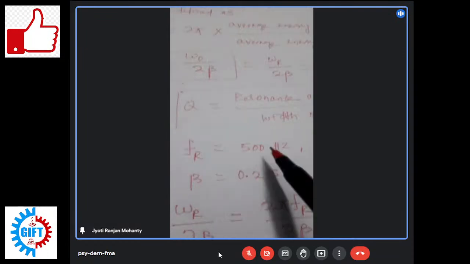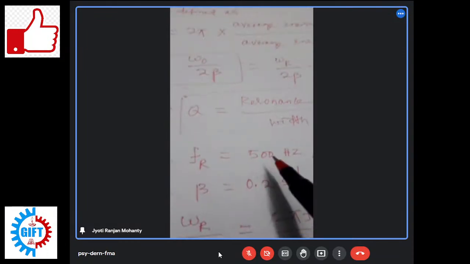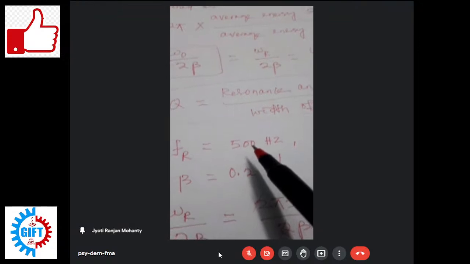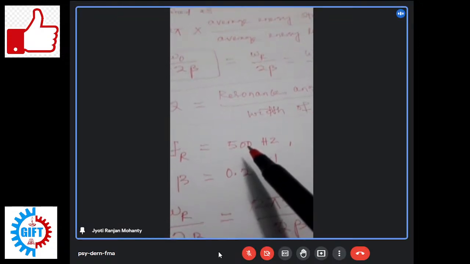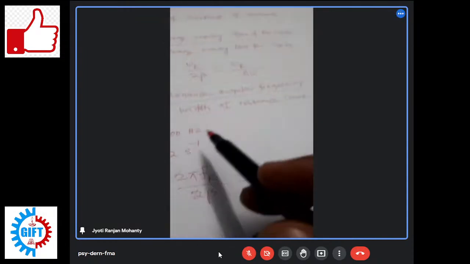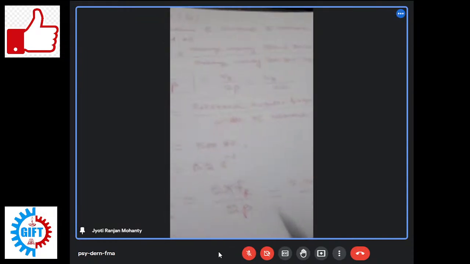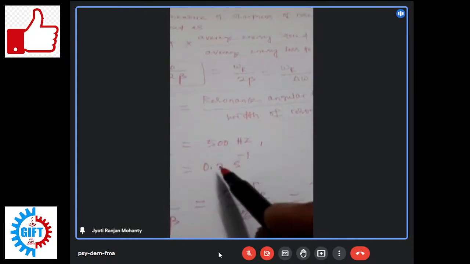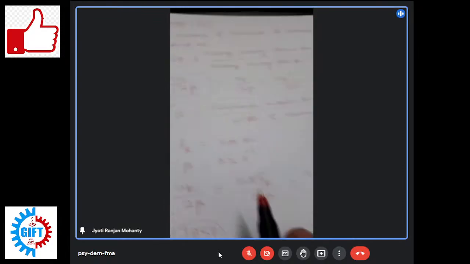Next, Chidambaram, read the question. Sir, the damping coefficient is 2 second inverse. That means beta is given, 2 second inverse.